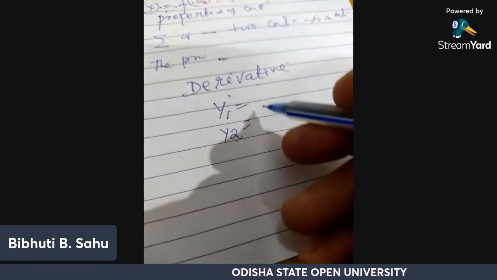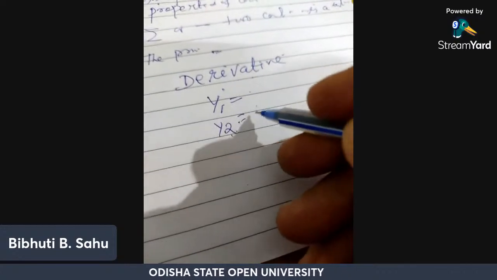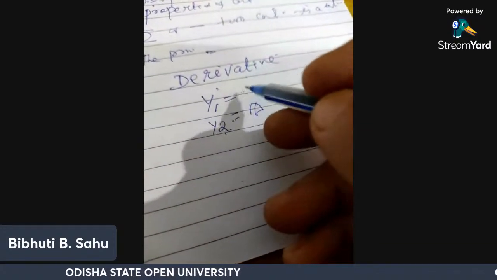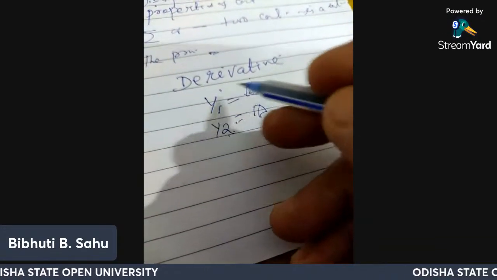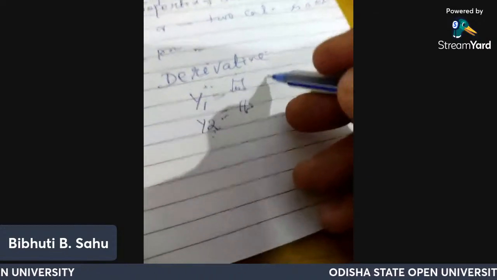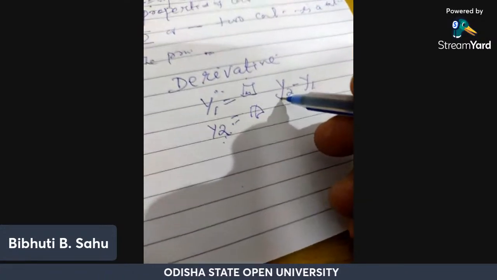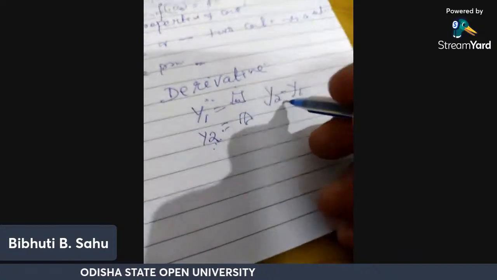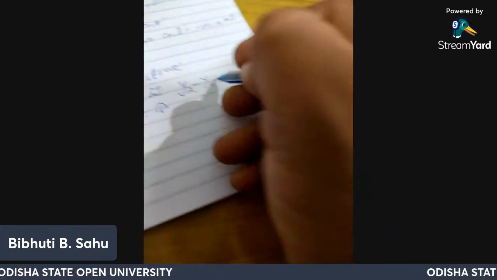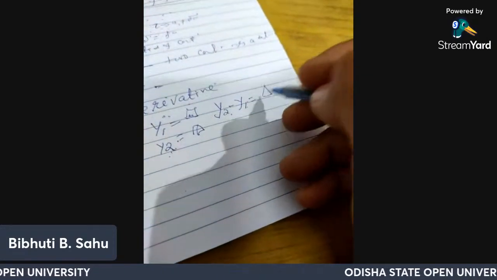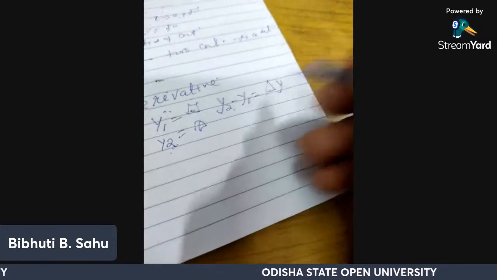So what is the changed quantity? y1 and y2 can be any quantity. So the change or increment is simply y2 minus y1, which we can represent as delta y, the change in y.